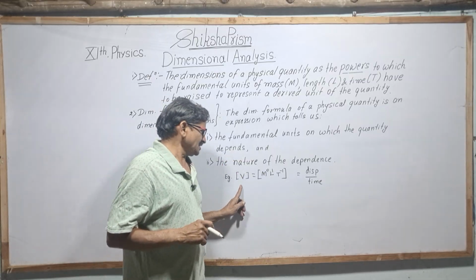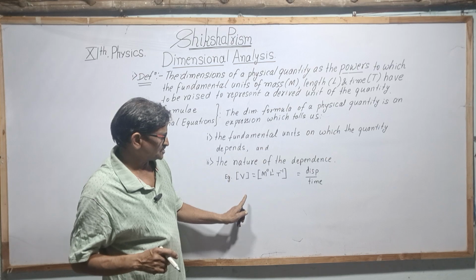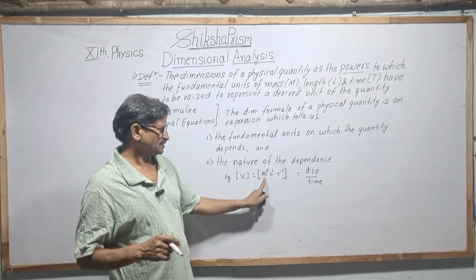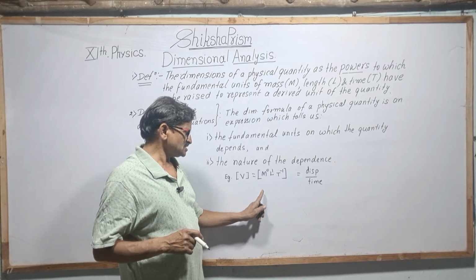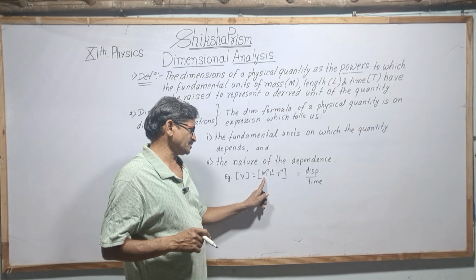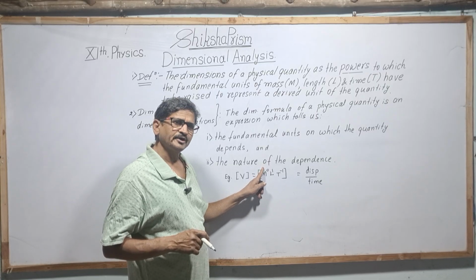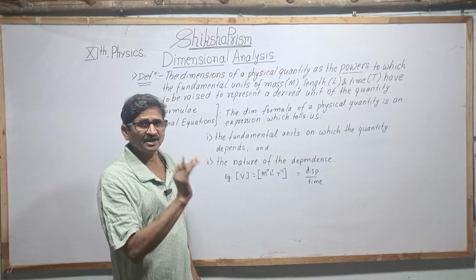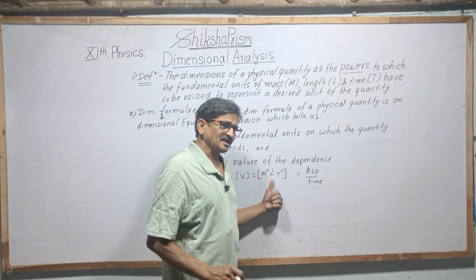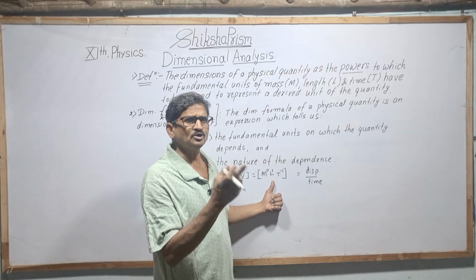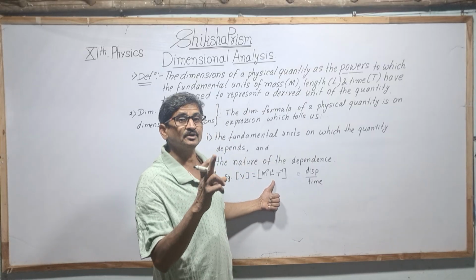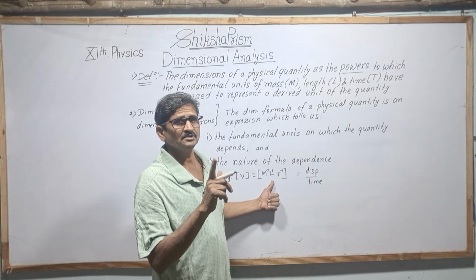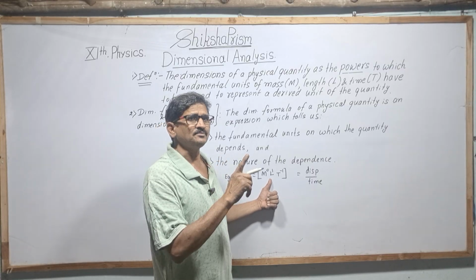So now see the dimension formula of velocity. In a square bracket, opening square bracket, M to the power 0. It means mass is not there, it tells us. Then length, L to the power 1. L to the power 1 means length is present 1 time, in the numerator.